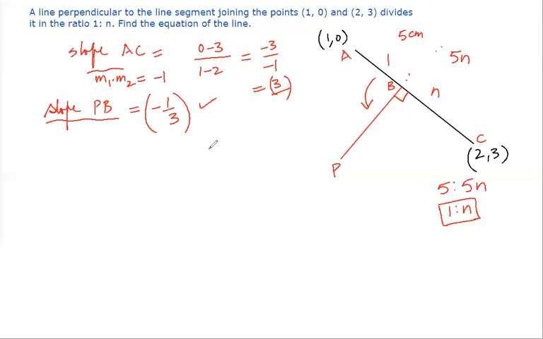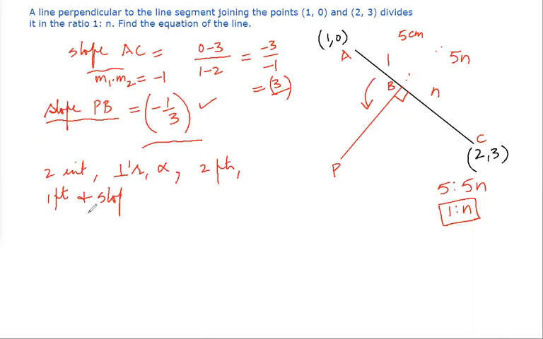So it's very simple. Now we have to think that in order to find the equation of a line, you need either the intercepts, or you need the length of perpendicular and its angle, or you need 2 points on the line, or you need 1 point and slope.